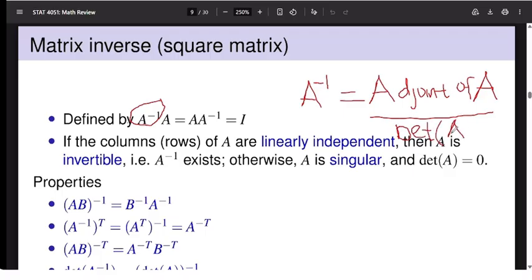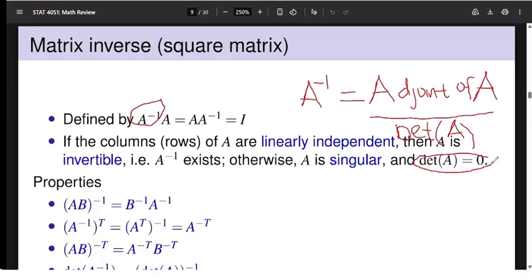Now, I told you something the other time. In a situation where the determinant is equal to 0, the inverse is not going to exist, because in the formula for computing the inverse, the determinant is the denominator. When the denominator of a fraction equals 0, that fraction is undefined.